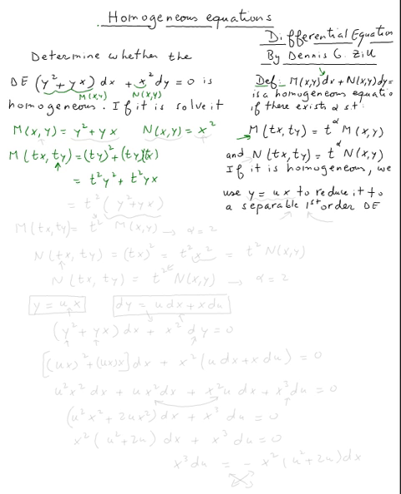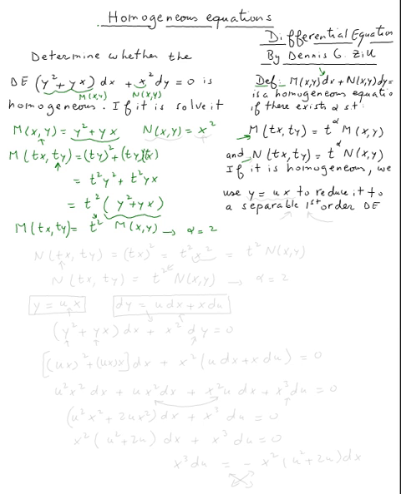If we factor t squared, we get y squared plus yx, which is just M of x, y. So we just proved that there exists an alpha such that M of tx, ty is equal to t squared M of x, y. My alpha is the exponent of t, so alpha is equal to 2.